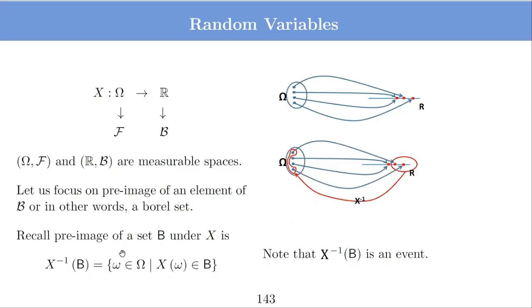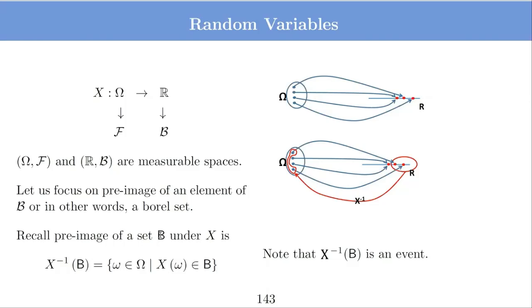Remember the definition of pre-image: the pre-image of a set B under X, which we denote as X inverse of B, is given by all omegas such that X of omega is in B.